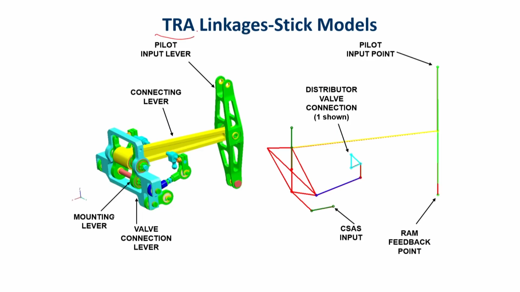Similarly, for the tail rotor also the pilot will be having an input lever, and then there are all these valve connection lever, mounting lever. This is just to show you how from the pilot's position the entire motion transmission through the linkage comes, and finally it works on a particular output. So, there is a connecting lever.